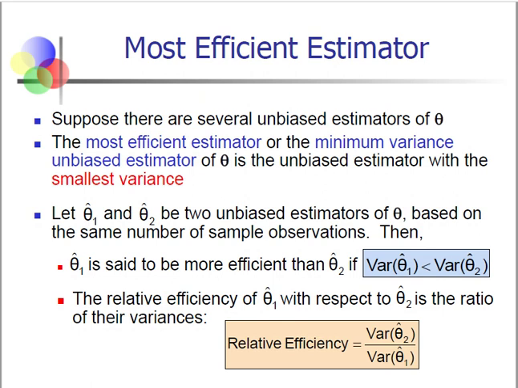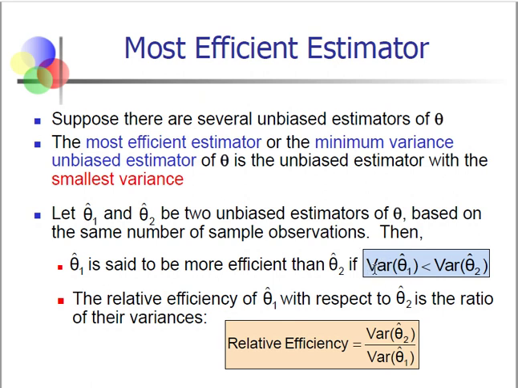Okay, so apart from an estimator being unbiased, we would want to know if our estimator is also the most efficient estimator. And the most efficient estimator is just the estimator with a minimum variance.